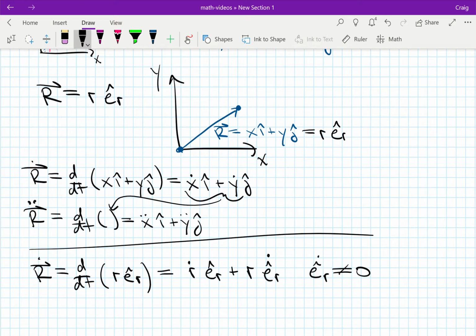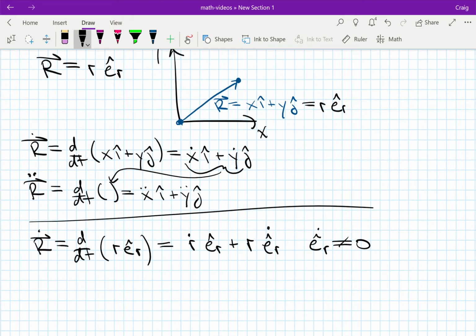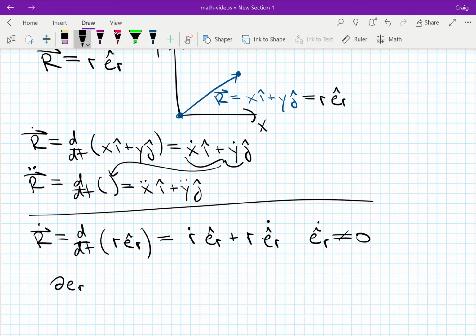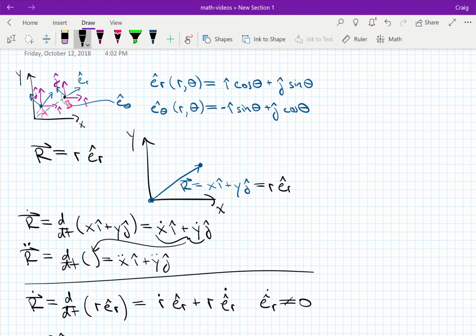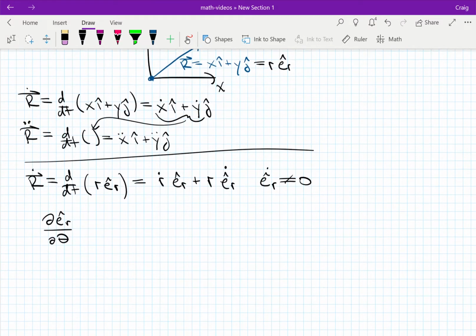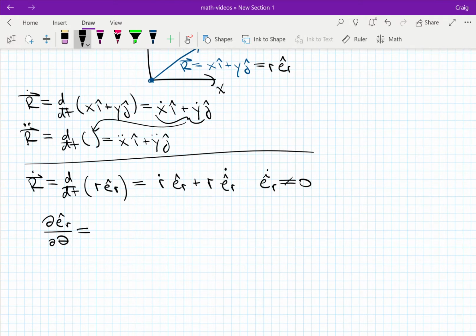It's only equal to 0 for moving in a radial direction, where the radial unit vector continues to point in the same direction. So it turns out we need the derivative of er with respect to theta. Okay, and so if we go back and look at our definition for er spelled out in Cartesian form, it turns out that the derivative of er with respect to theta is i hat times negative sine theta plus j hat times cosine of theta.